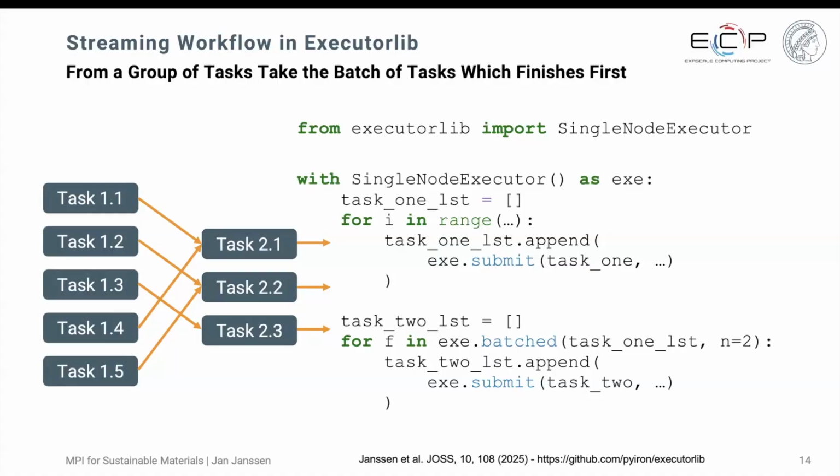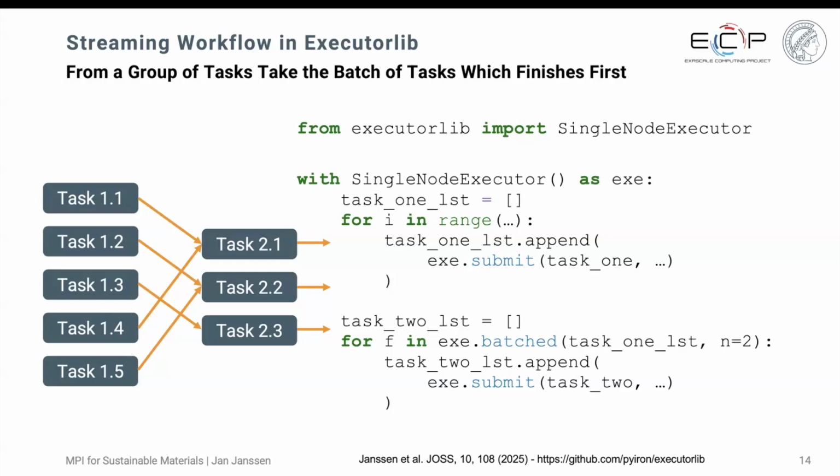But rather than acting on the future objects, this batch function returns a future object itself, but the actual mapping, which tasks are represented in this future object, only happens at runtime. Right? So we think this is a very elegant way to move this complex problem of scheduling to a nice Python syntax.